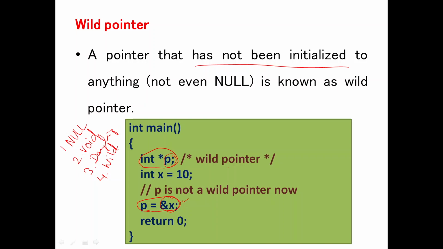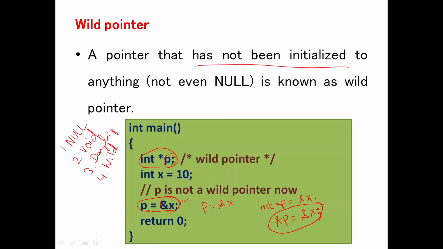So these are about the pointers, and an important thing is we can use the statement p = &x, or we can use this in a single line like int *p = &x, but we should not use a statement like *p = &x. This statement is illegal.